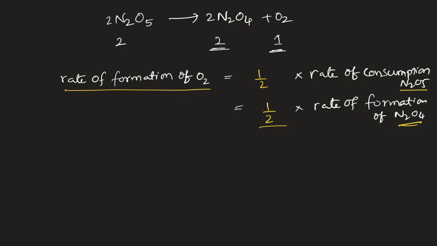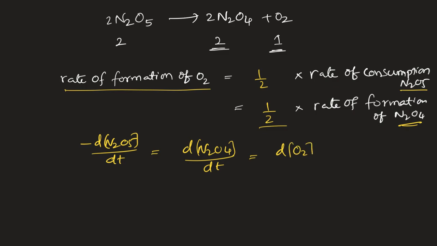Therefore in general this is justified as: we know that minus d N2O5 instantaneous rate by dt is equal to plus d N2O4 concentration by dt, this equals d O2 concentration by dt. This is a rate expression.